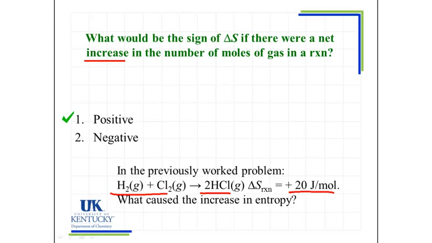It's not a big increase, 20 joules per Kelvin, but it is an increase. What do you think would lead to that increase in entropy? Well, it's molecular complexity. We have 2 moles of gas that are elements, and then we have 2 moles of gas that are compounds. So we've increased the molecular complexity, so we should see an increase in the entropy.